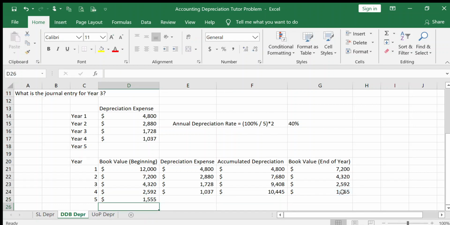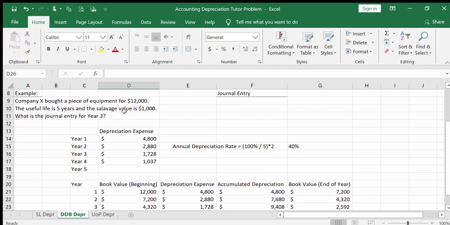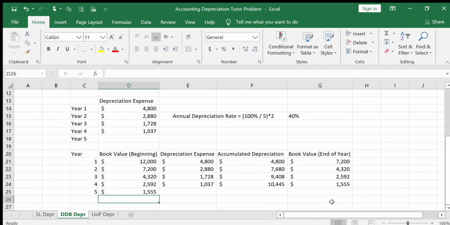Alright, so this is where double declining balance has a little bit of a different trick than any other depreciation method. We have $1,555, and our first instinct would be just to do what we've been doing: 1,555 times 40%, and that's our depreciation expense. But we have a salvage value here, and that is $1,000. With double declining balance, and in any method really, we want our ending book value to be equal to our salvage value.